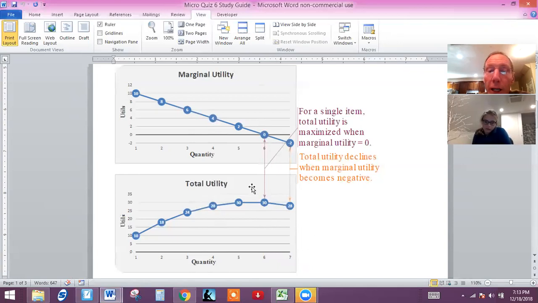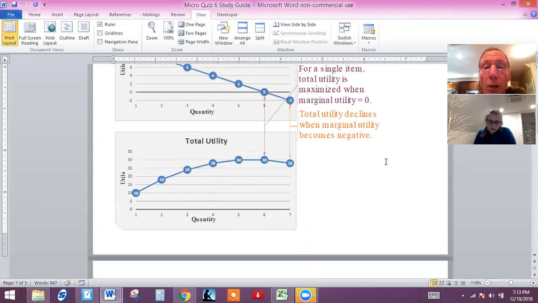And then when the curve starts to go down, even though you still have utility, it's still positive, the change is negative, okay? You're going from 30 to 28, so the change here now is -2, okay? Does that make sense? Okay.